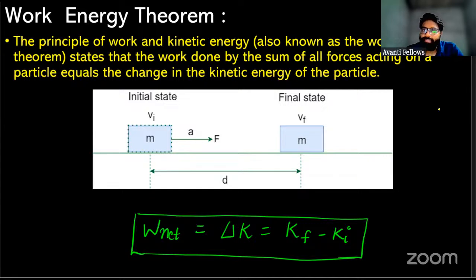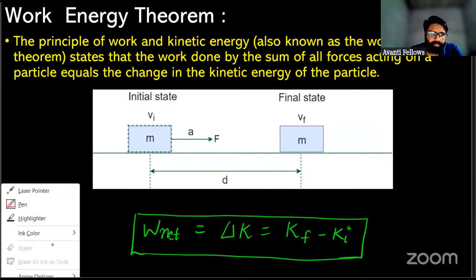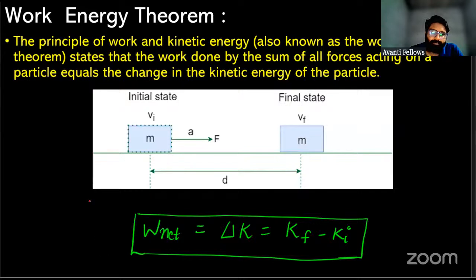So whatever the forces a system experiences, it will equal the change in kinetic energy of the system. Clear? Now, if you see here, this is a block of mass m being moved from this point to this point. The displacement is d. And the initial velocity is vi, final velocity is vf, which means there is a change in velocity also because of the presence of acceleration. And acceleration is caused by what? Acceleration is only caused by a force.